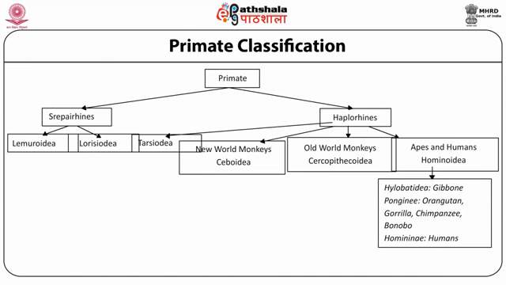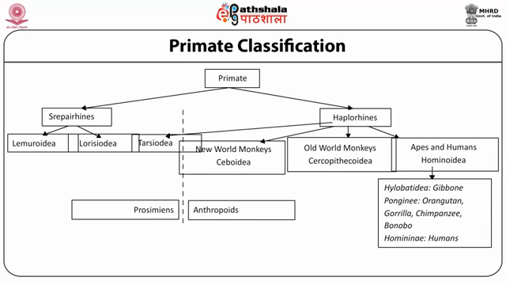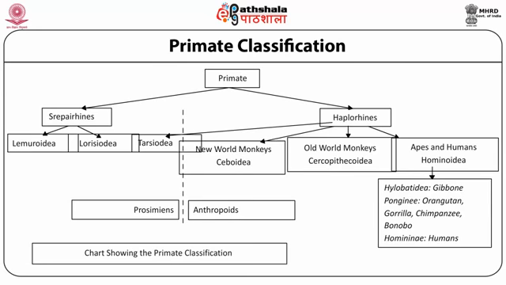The position of tarsoidea is a little confusing, which is why it was placed between haplorhine and strepsirrhine. As discussed in the earlier classifications, the prosimians were somewhat similar to lemuroidea, lorisoidea and tarsoidea, and anthropoids include New World monkey, Old World monkey and Hominoidea.